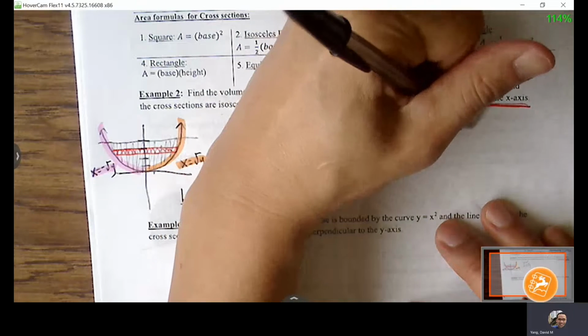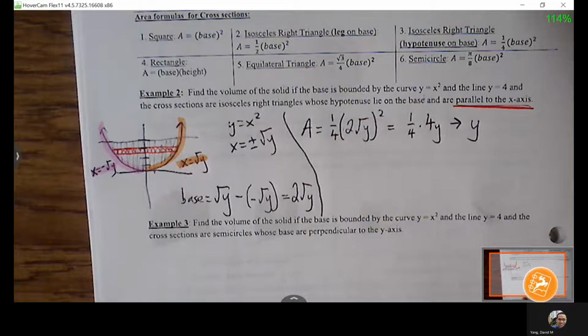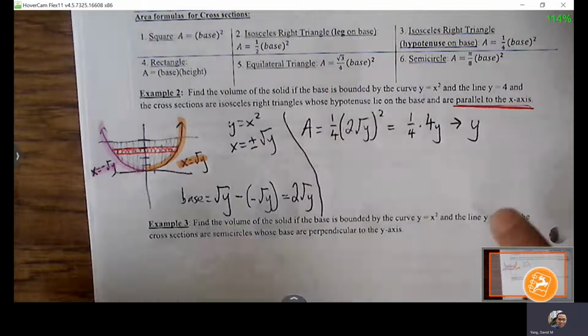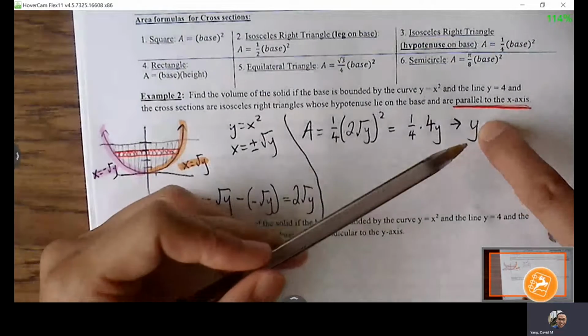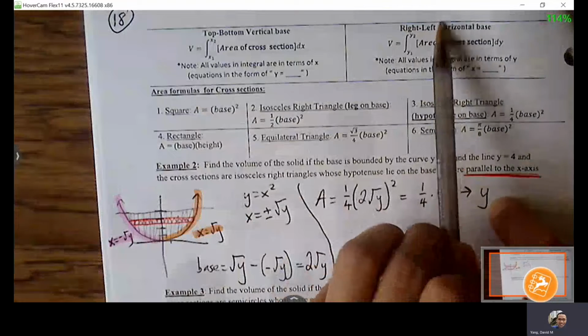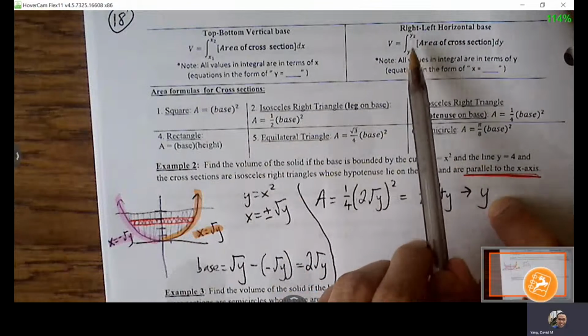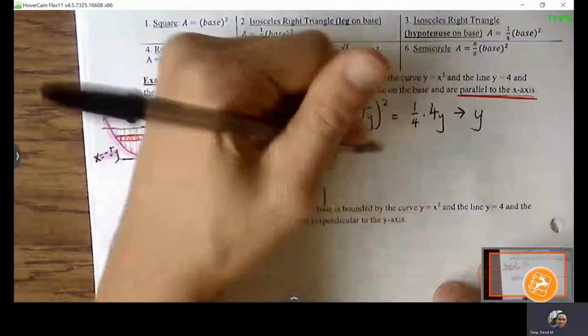And that cleans up all the way to just be y. Okay, so now that's my area expression. I'm going to insert into my right minus left. So that y will get inserted in here, and I just have to worry about the bounds.